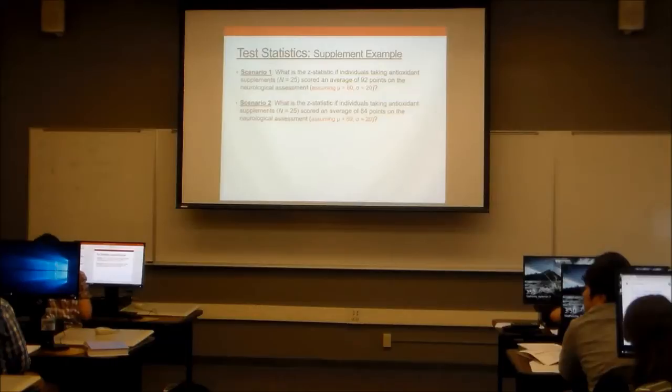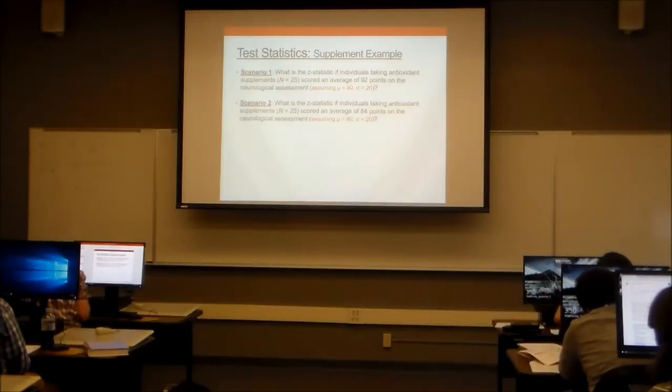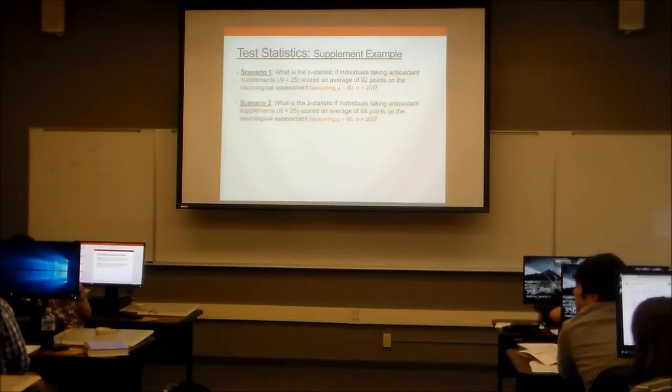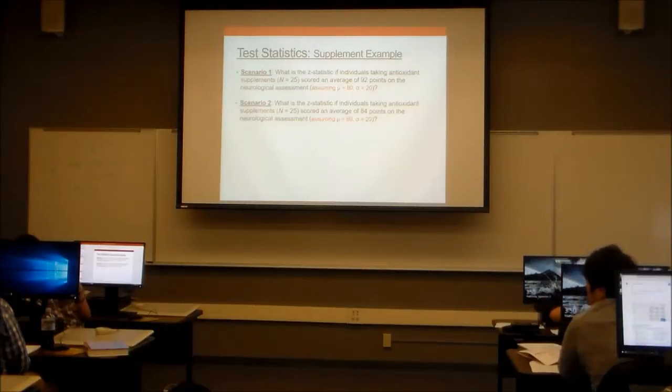I could interpret that as consistent with a medium effect, right? I would say older individuals taking antioxidant supplements in this study scored about 0.6 of a standard deviation above the expected value in the population more generally, right?